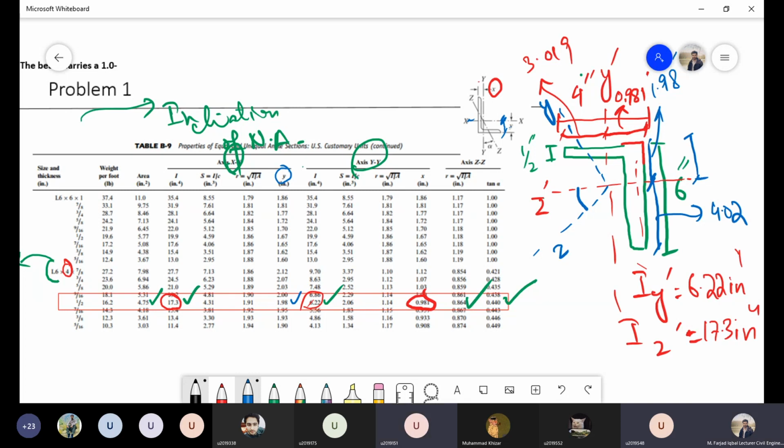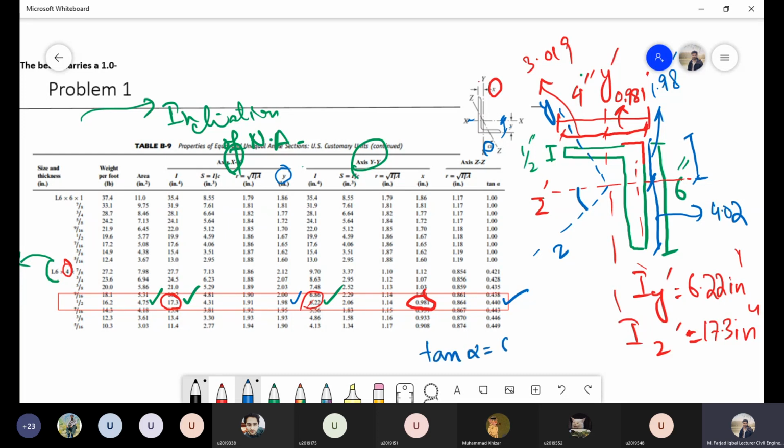So again, as I told you previously, I will use this formula. Now in this one, I have been provided the counterclockwise angle as angle alpha, and tan alpha is given to me as 0.440.